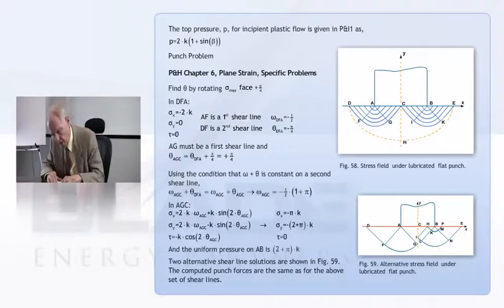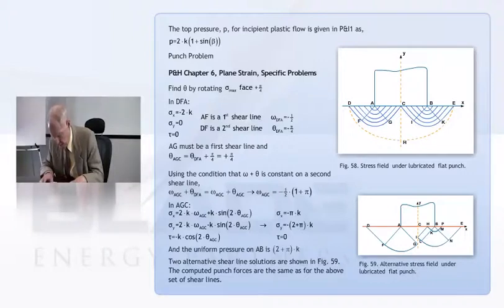And what's happening when you go through that fan is omega's changing, and it's going to change by the amount pi over 2. And then you come back up to another constant state region. And knowing what omega is in that region, you can figure out what the normal stress is.